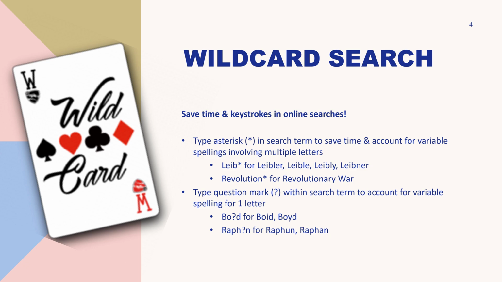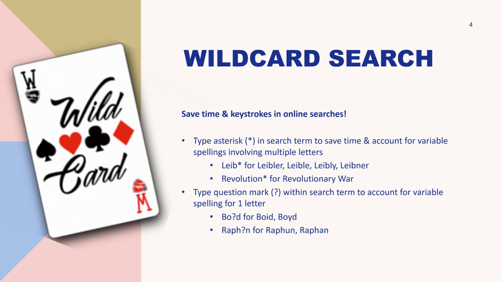For example, you could type the first few letters of a surname and then an asterisk for the last part of the last name where there might have been variable spellings. Another example would be that some people type revolution asterisk when searching for the term Revolutionary War.